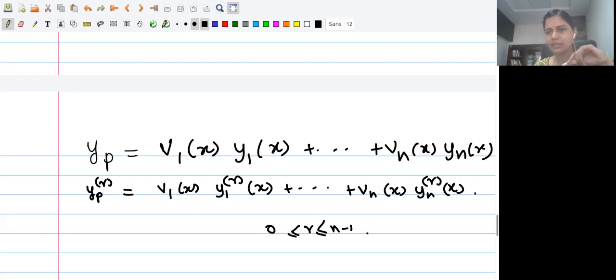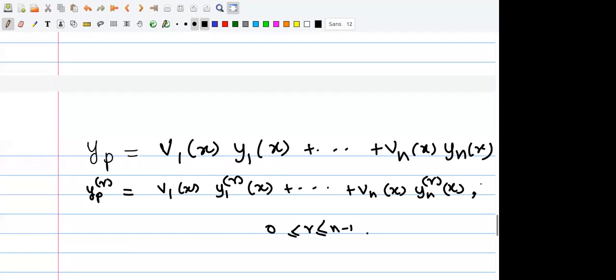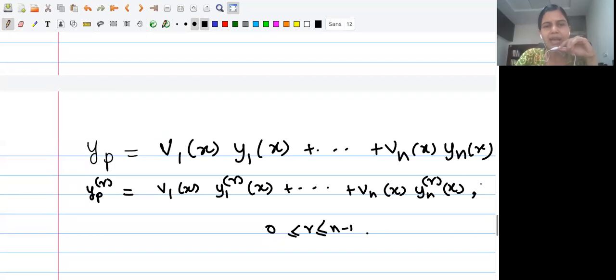Is that okay? We need to find the unknown functions v1, v2, vn, and I am imposing the conditions so as to get simple formulae for the first n minus 1 derivatives of this candidate solution. Correct?